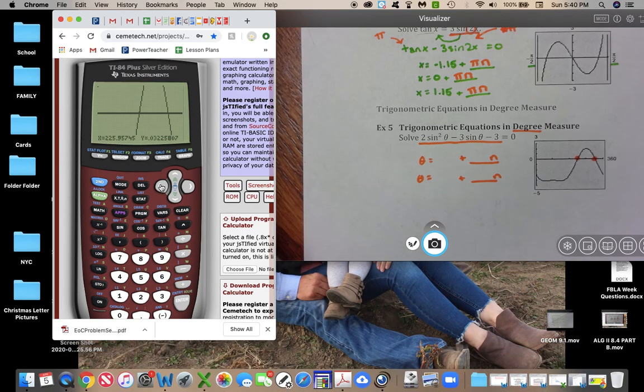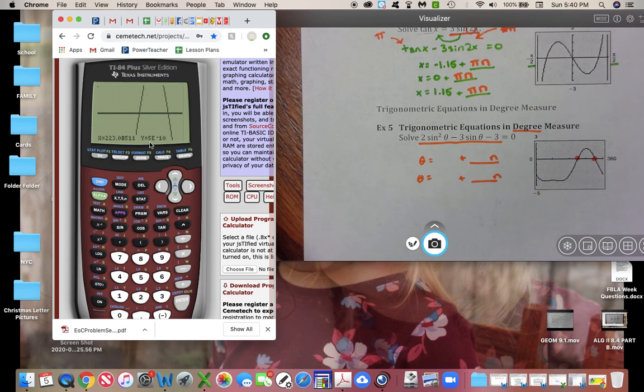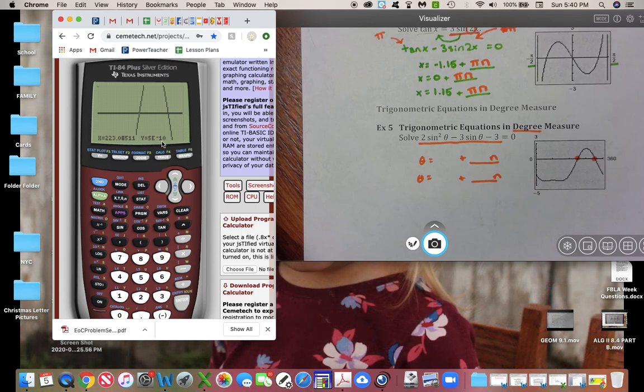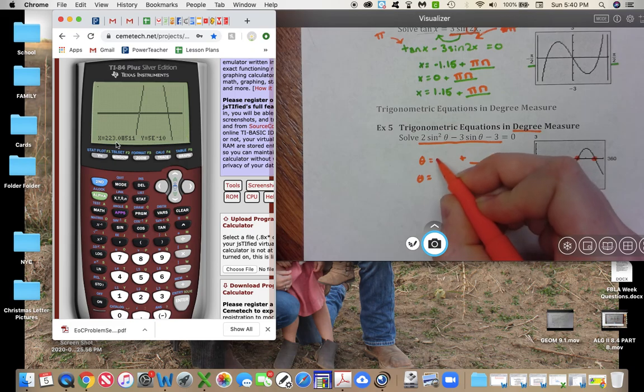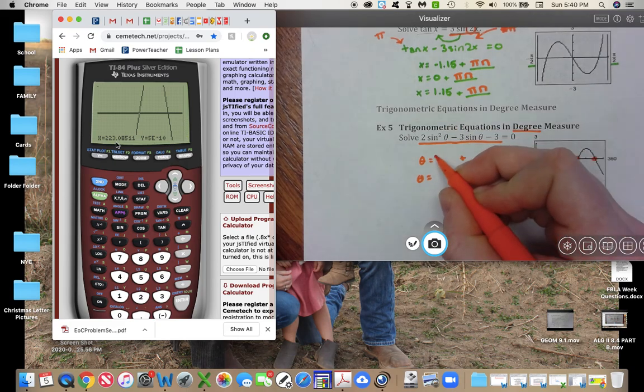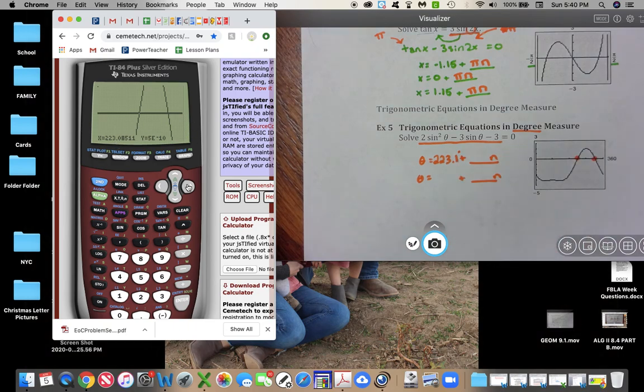Okay. So that first place where he's touching, I have y is at 5e to the -10th power, which is a number that's really, really close to 0. So he's basically on 0 on the y-axis, and he is at 223.1 degrees about. Okay, so 223.1 degrees, and then I'm going to go over to this guy.